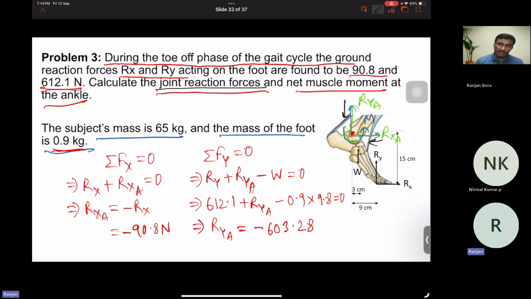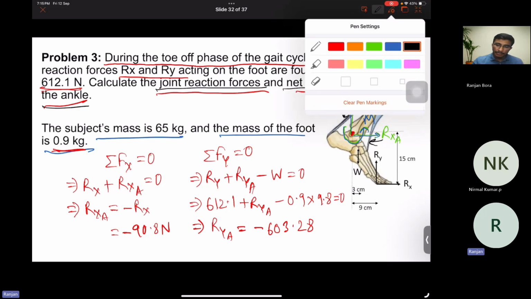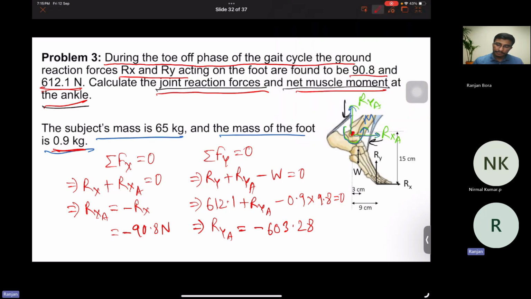Next, we need to find the net muscle moment at the ankle. We'll again use the moment equilibrium equation, and we'll take moments about the ankle joint. So let it be A, the ankle joint.